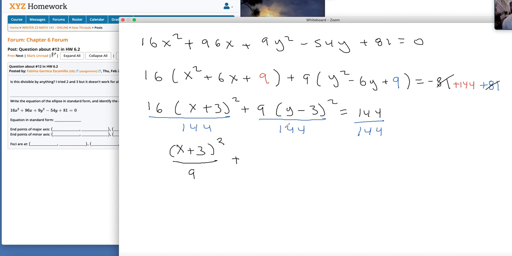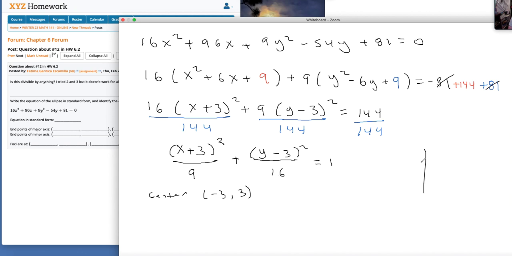And then 9 goes into this one 16 times. So that's going to be y minus 3 quantity squared over 16. And now that equals 1. And now I'm in that standard form for an ellipse. So from this, I know that my center is negative 3, 3.